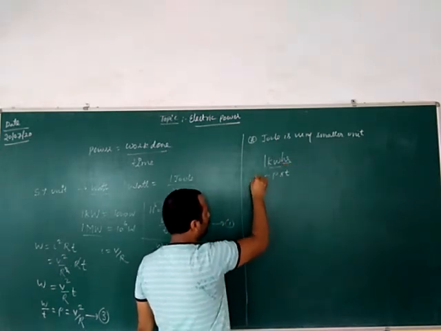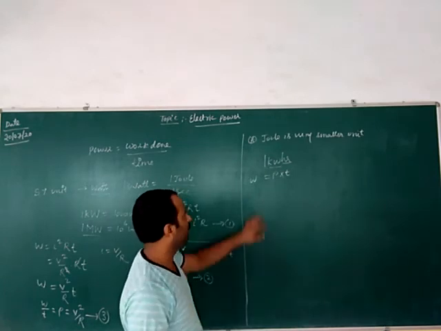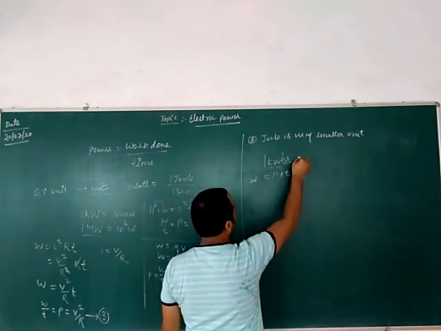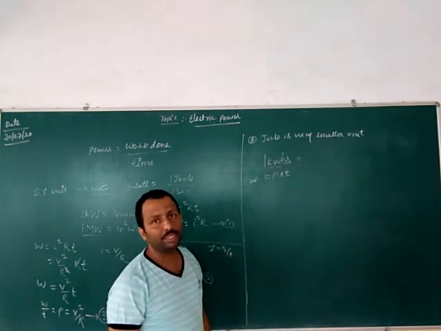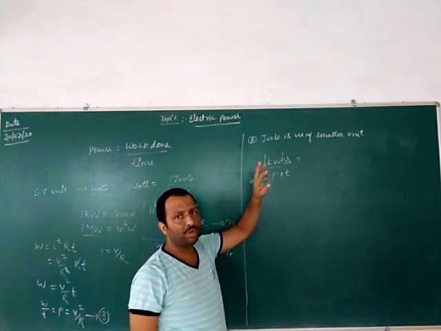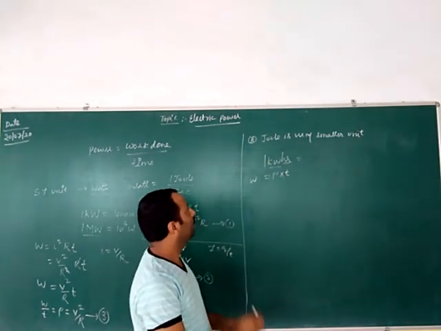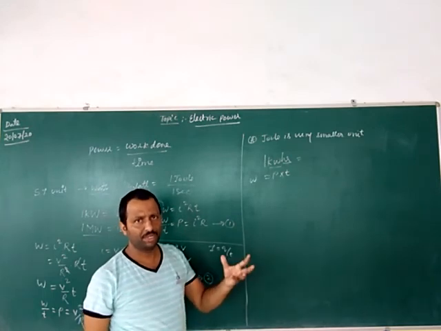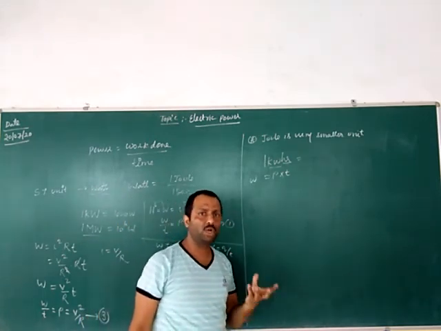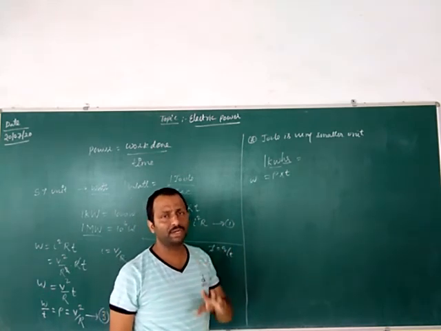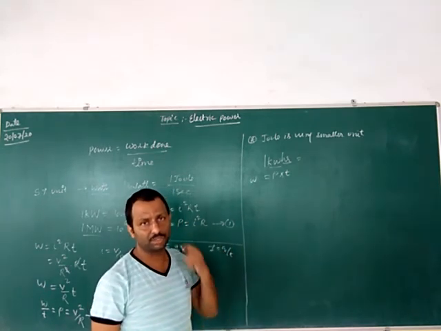So it is a kind of work done, and we know that the SI unit of work done is the joule. If an electrical appliance has a power of 1 kilowatt and it is running for 1 hour, then how much energy is it consuming?